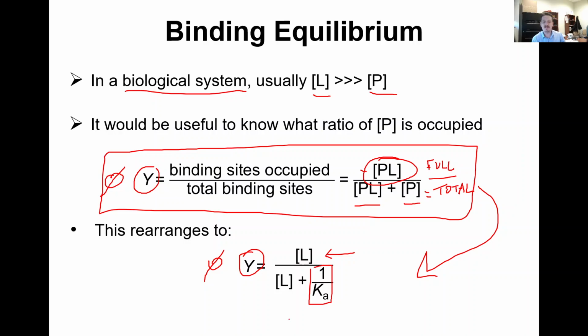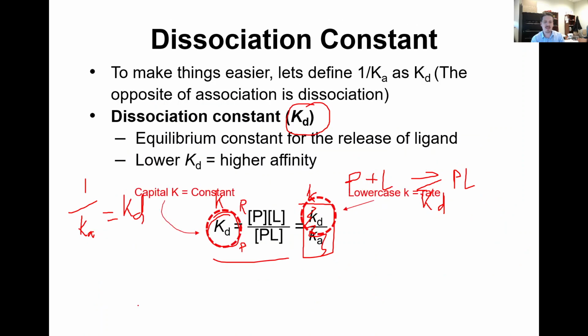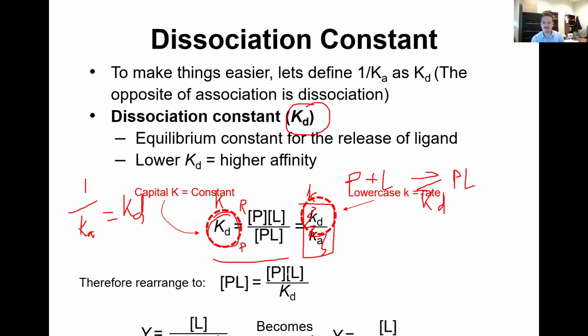And remember, the inverse of Ka is also Kd, which I believe is coming up in a couple of slides here. This equation says that as you supply more ligand, the fullness of the protein goes up, whereas if you take away some ligand, the protein fullness would go down instead.